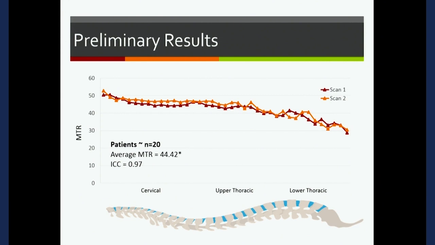It goes from 0 to 1, 1 being excellent reproducibility. So we got close to excellent reproducibility. And these are children with myelitis. I think one of the speakers earlier mentioned how challenging it is to scan kids without sedation, but we do a pretty good job here at Children's Hospital.